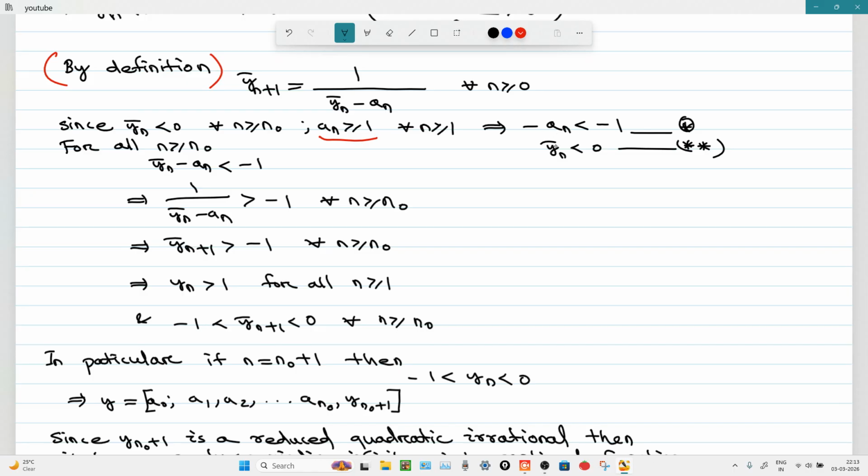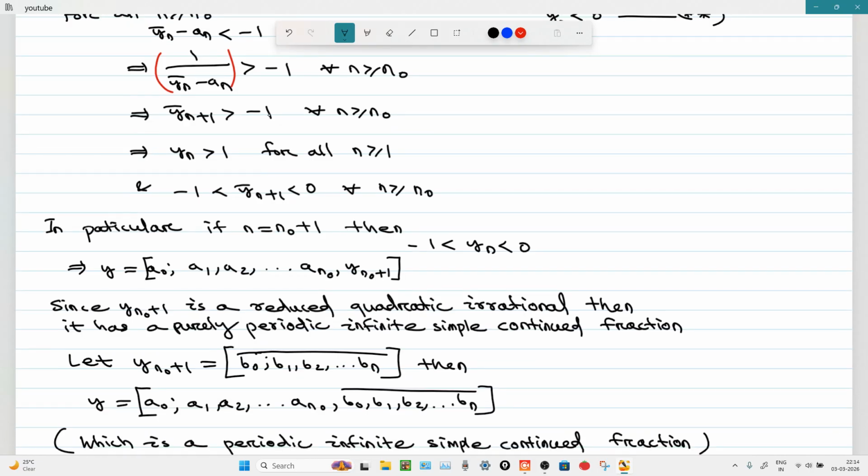Then we just subtract an from yn, and we get 1 by (yn bar minus an) greater than or equal to minus 1 for all n greater than or equal to n0, that is nothing but this term. So we put the value 1 by (yn minus an) as y(n plus 1) bar, plus 1, for all n greater than or equal to n0.